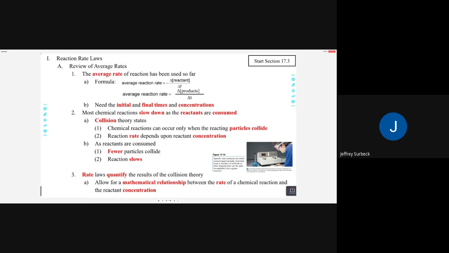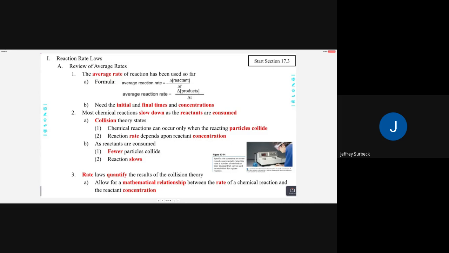What a rate law does is it says we want to know at this specific time or this specific concentration, what is it right now. And so we review what's happening here in a chemical equation. As we go through a reaction, we have the particles colliding, they have enough activation energy to form those particular products.